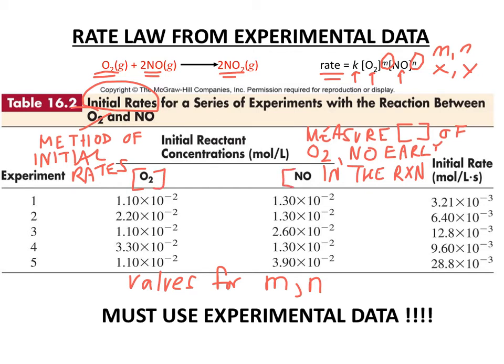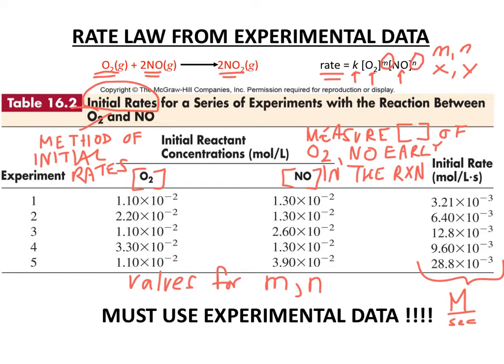Here are the concentrations of NO. And these are the initial rates, and as you can see, it's molar per second. Okay, so what we're going to do is work this through one part at a time.